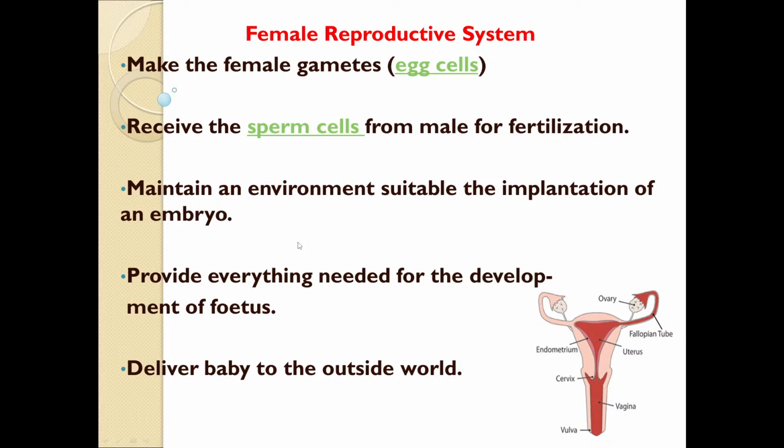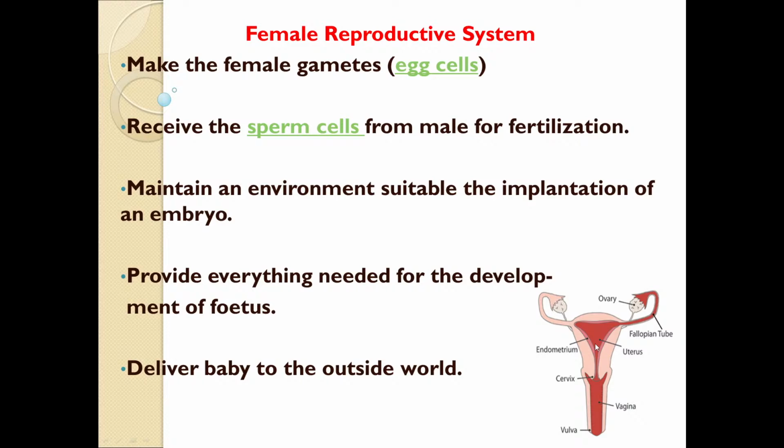And looking at the image here, the section that is known as the uterus, that is where the embryo normally develops, or the baby normally develops. So it normally implants itself there. So there must be a suitable environment that must be maintained.